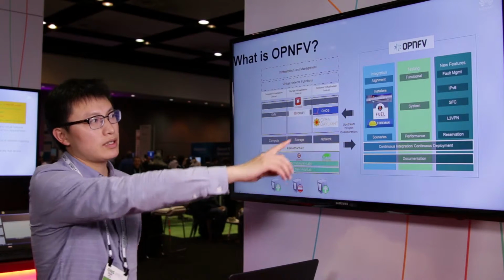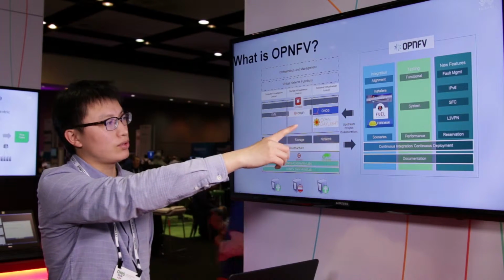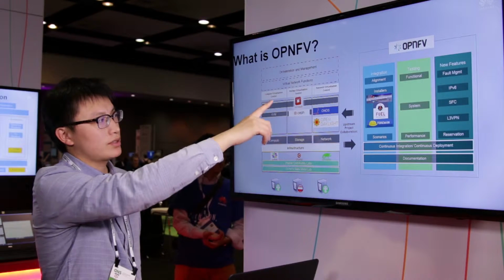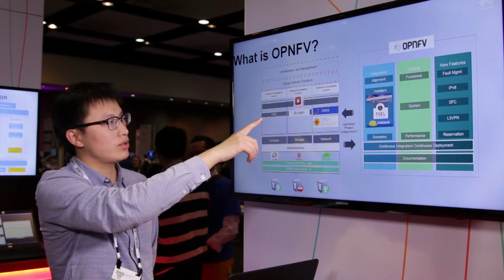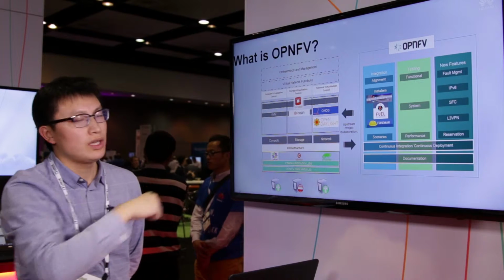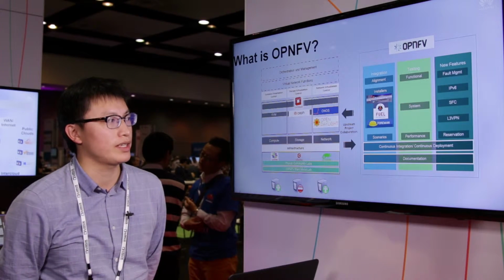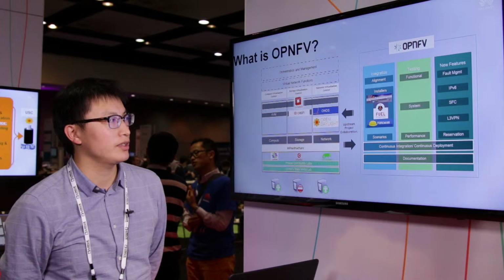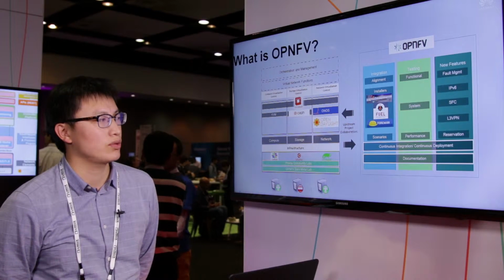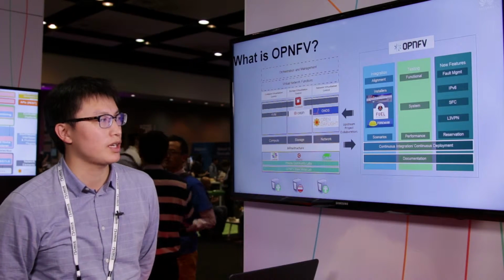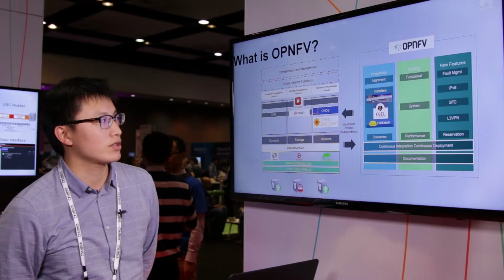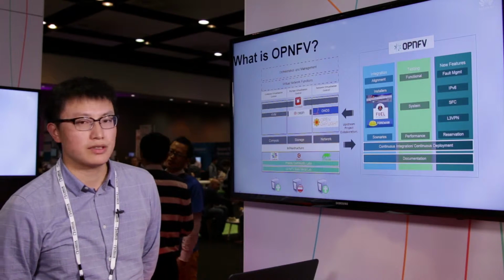The first is network virtualization control, then storage virtualization control, and compute virtualization control. For each module we can use open source software as a stack. In network virtualization control, we can use ONOS and OpenDaylight as options. For storage, we use Ceph.